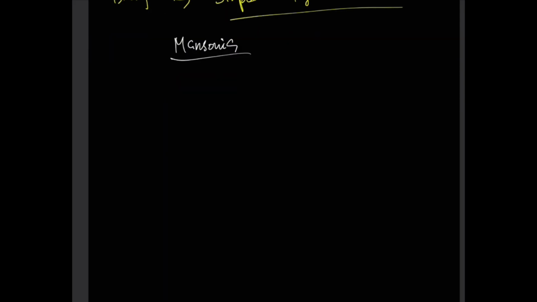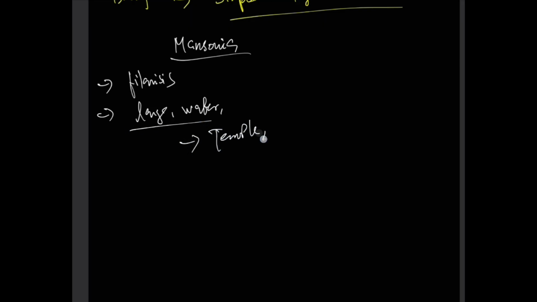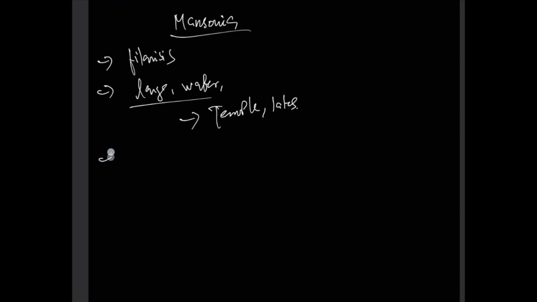Next, coming to Mansonia. Mansonia spreads one disease, lymphatic filariasis. The breeding place will be large water bodies with aquatic plants, like what you see in temples and lakes. The eggs will be star-shaped clusters.